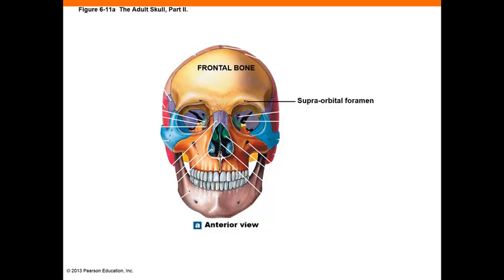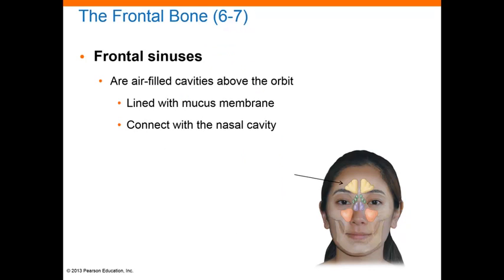The supraorbital foramen forms a passageway above each orbit for blood vessels and nerves. The frontal bone contains air-filled cavities above the orbit, pictured here in yellow, that are called the frontal sinuses. These are spaces that are lined with mucous membranes, and they connect to the nasal cavity.